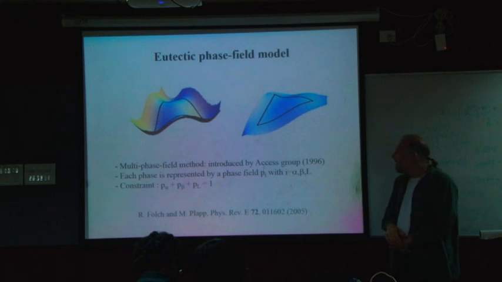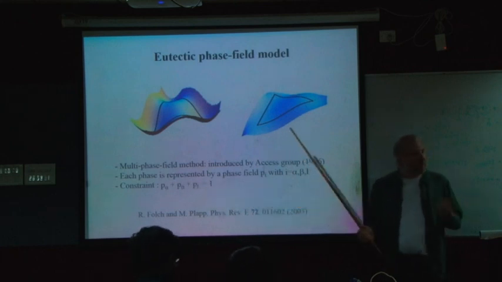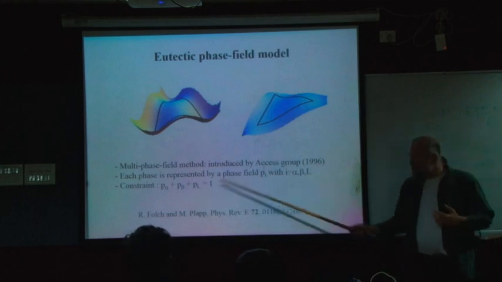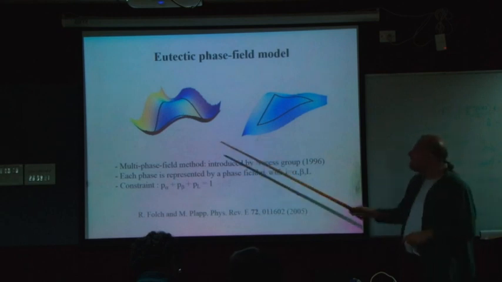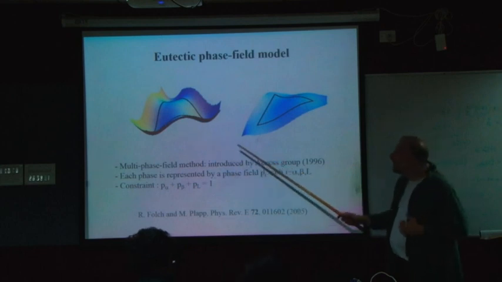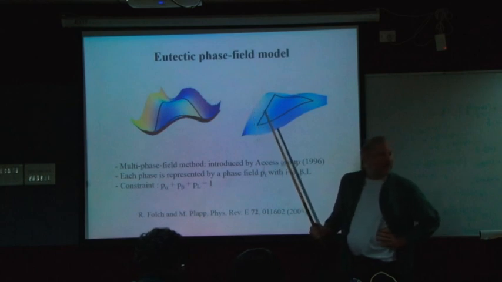Okay? Of course, since you have this constraint on these 3 variables, there are only 2 that are independent. So I can draw my free energy function as a surface over a 2-dimensional ground space. And here is a plot of the important element of my free energy function. So first of all, here you see something that I call the triple well potential.